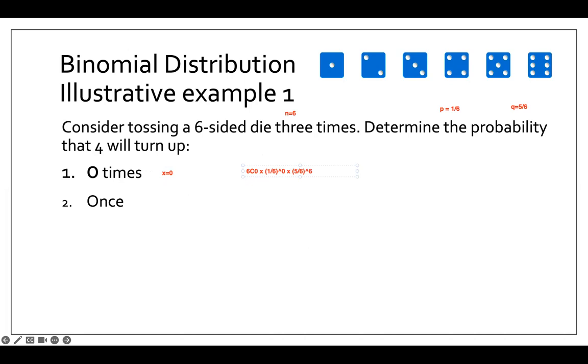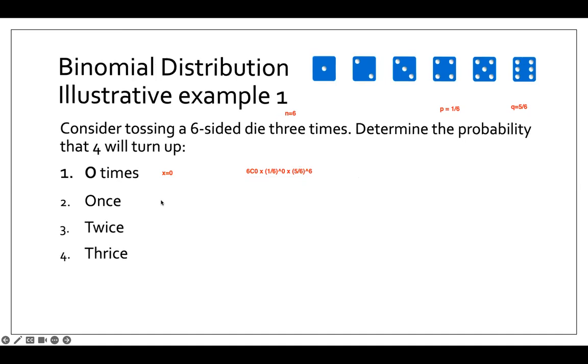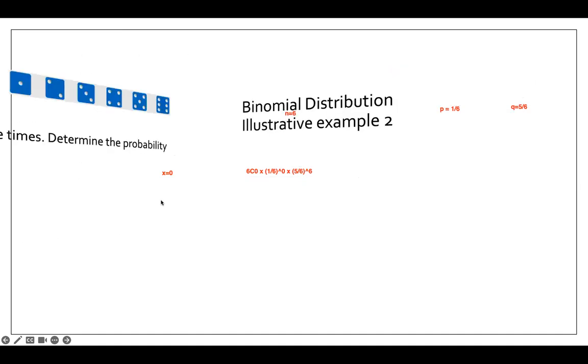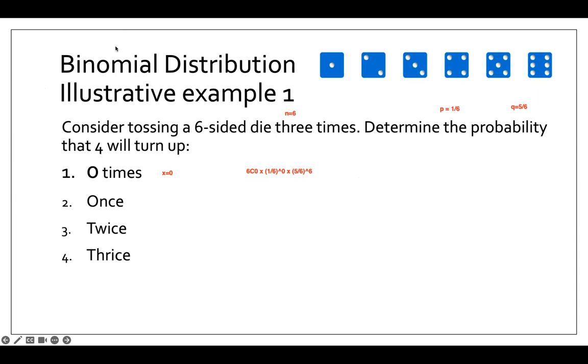So this is the thing that you should input in your calculators. For now, we're going to practice it. We're going to answer that next time. For number 2, how about once? We only have until thrice. So let's have this illustration for now.